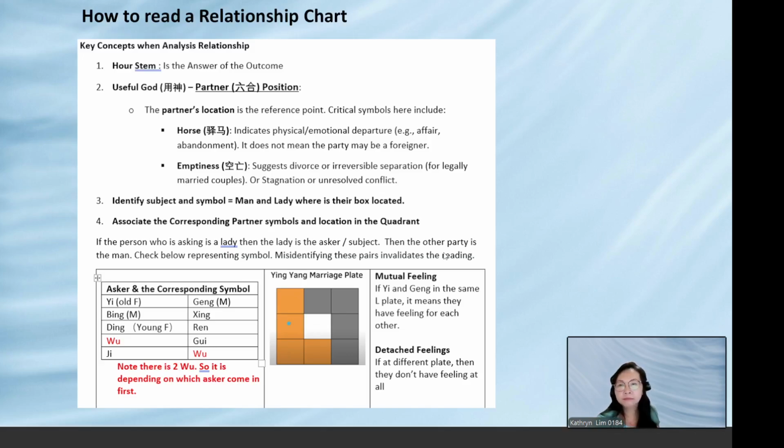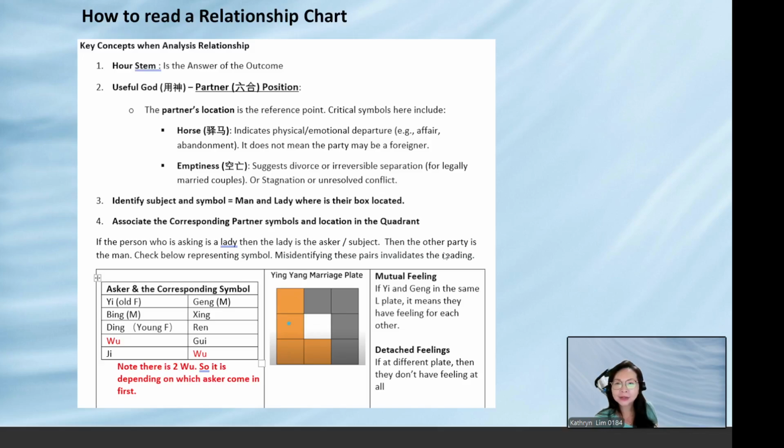This slide is about how to read a relationship chart. What I have here are the key concepts I've learned from Master about analyzing a relationship chart. The answer for the outcome of the relationship forecasting, we actually look at the hour stamp.